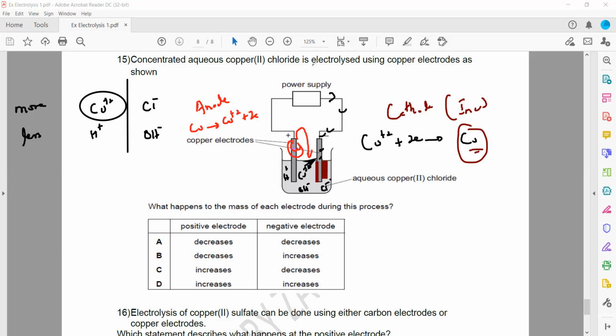Because the atoms are turning into ions, the size of the anode will decrease. So the positive electrode size will decrease, and the negative electrode size will increase. That's why B will be the right answer. Is it clear, this example? The question?